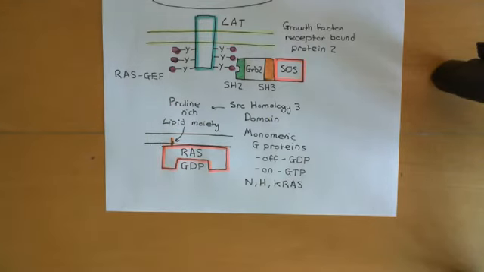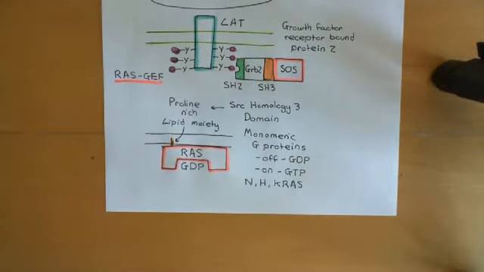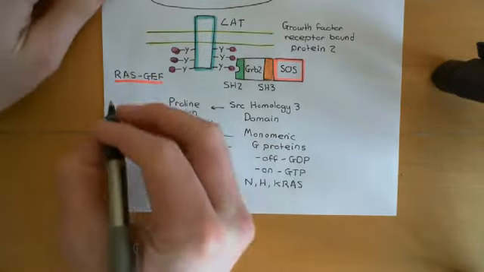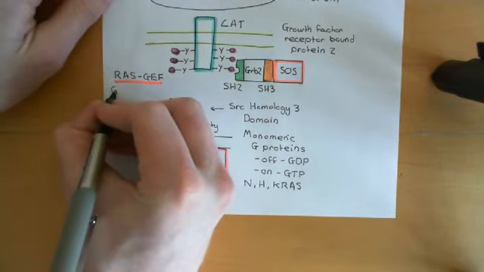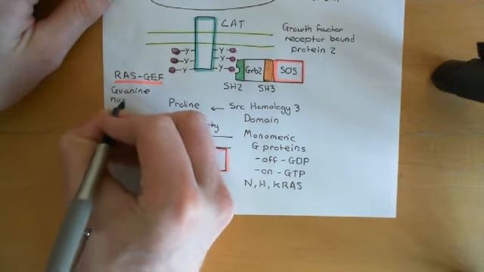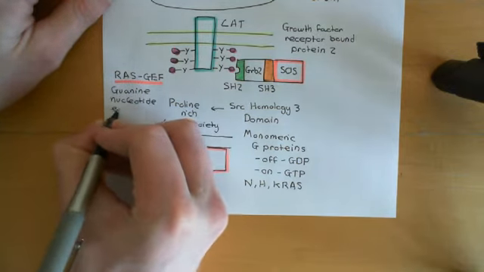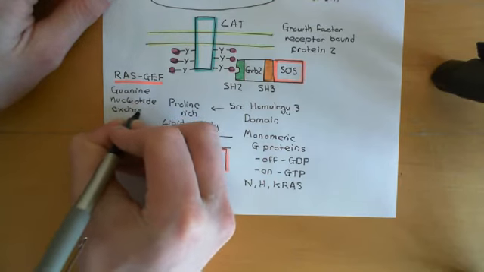Okay, right. So coming back to SOS then, SOS is what's known as a Ras-GEF. Okay, and what does GEF stand for? We now understand what Ras is. Okay, GEF stands for guanine nucleotide exchange factor. Okay, and basically what this means is that it is going to activate the Ras monomeric G proteins.